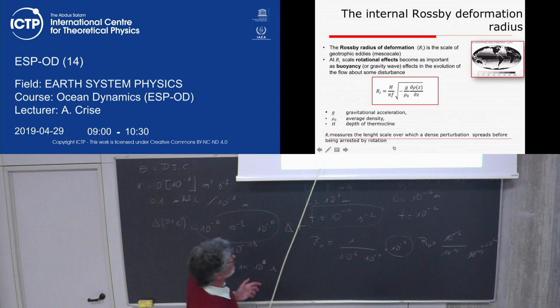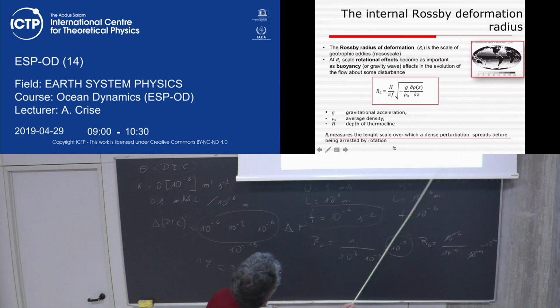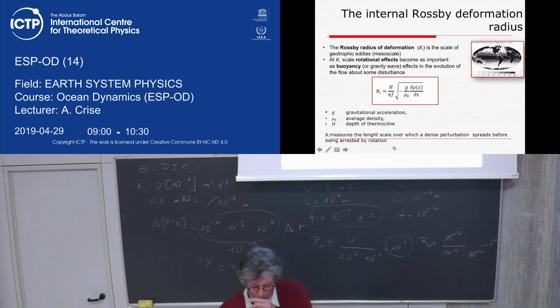And there are many interpretations of the Rossby deformation radius. One of them is that it measures the length scale over which a dense perturbation spreads before being arrested by rotation. What does it mean?